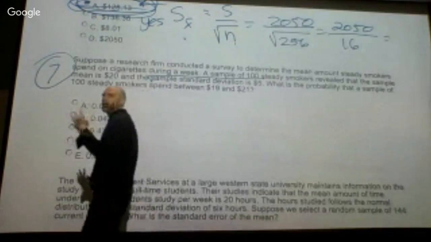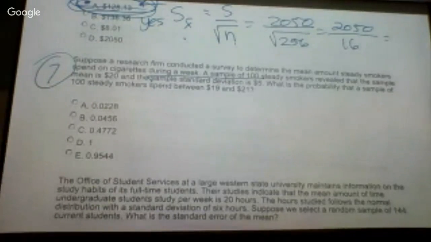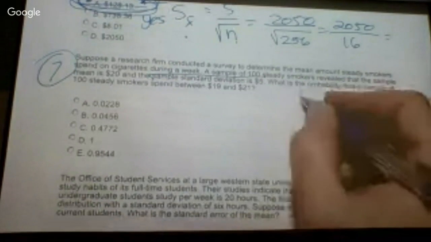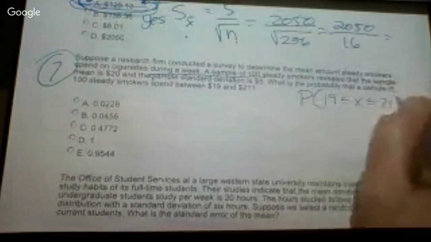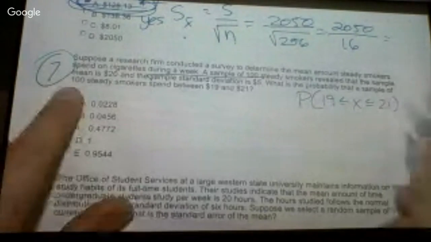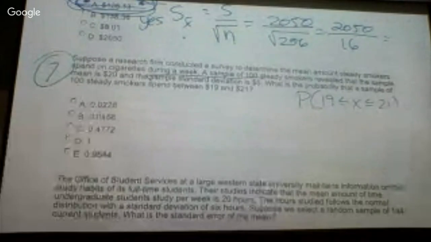All right, looks like there's 4 pieces of information that we can identify. And the question is, what's the probability that X is between 19 and 21? What do we got? X bar is 20, because it says the sample mean is $20.